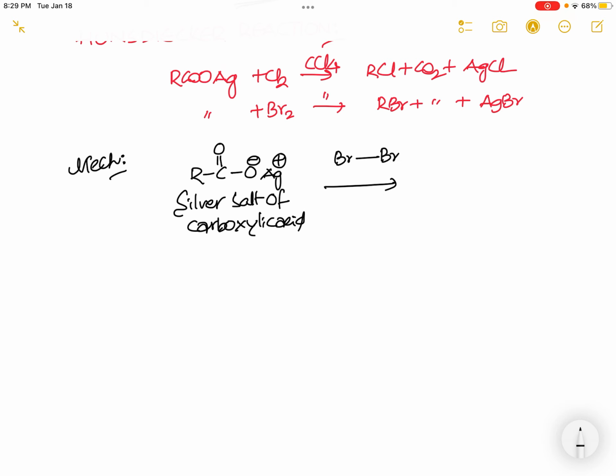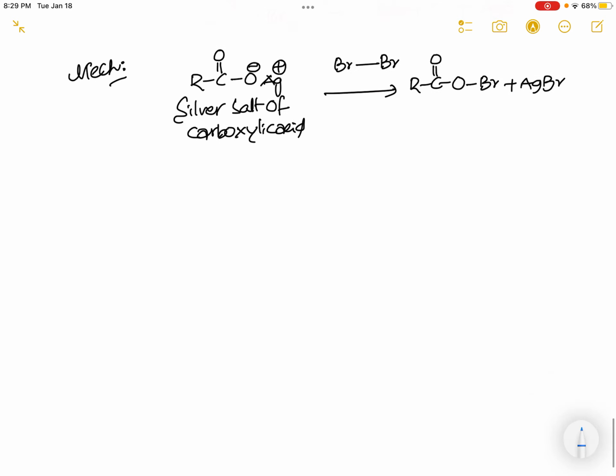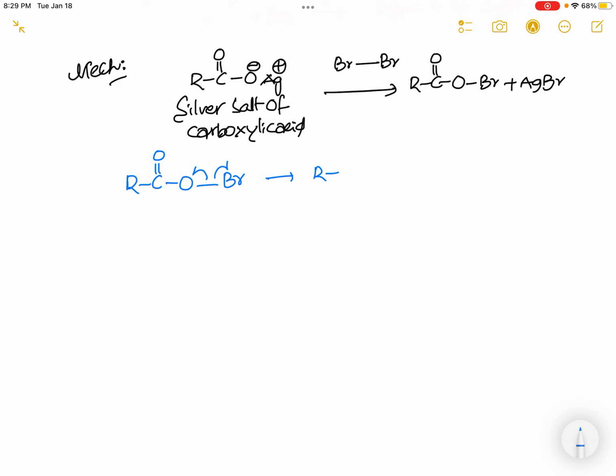Ag plus Br minus will go, and it forms RC double bond O along with bromine, and one AgBr is out. RCOOBr, look at this carefully. There is an oxygen-bromine bond which cleaves like fish hook cleavage, giving you RC double bond O dot, and a Br free radical is formed.